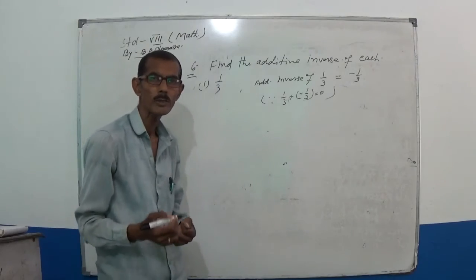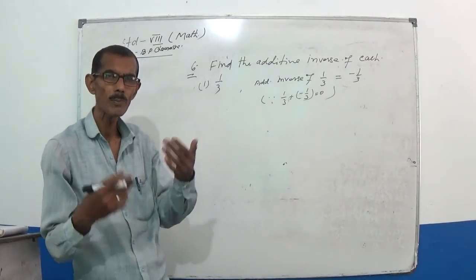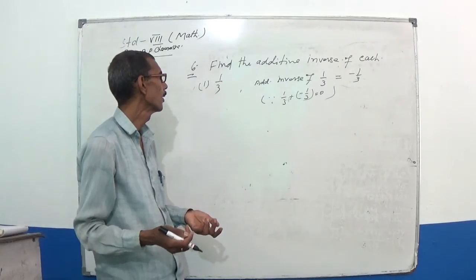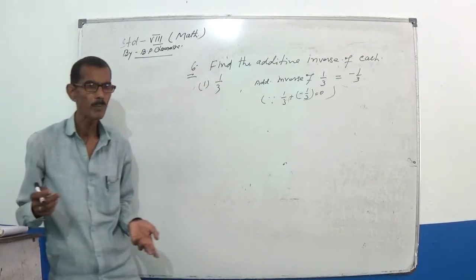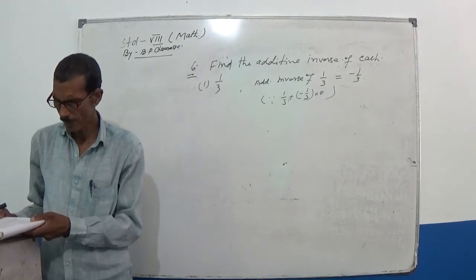If the sum of two rational numbers is 0, then both are called additive inverses of each other. Similarly, you can find the additive inverse of the other given rational numbers.